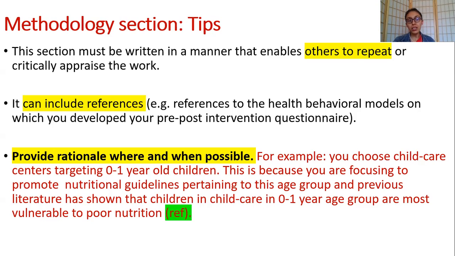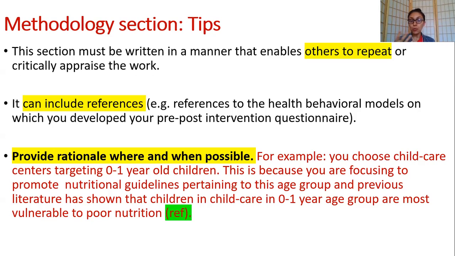You may say you chose to conduct your intervention on children 0 to 1 year, meaning childcare centers who are targeting children 0 to 1 year, because you're focusing on promoting nutritional guidelines, which is healthy eating guidelines within the childcare setting in this age group, because maybe your reference shows that children in this age group are most vulnerable to not receiving optimal quality nutrition within the childcare setting. So they are the most vulnerable age group within the childcare setting. And therefore, you have chosen to do your intervention with childcare centers who are focusing on these very, very young children. Does that make sense?